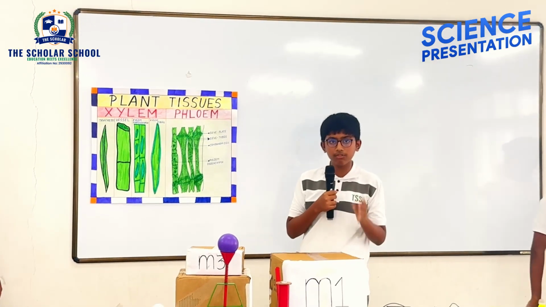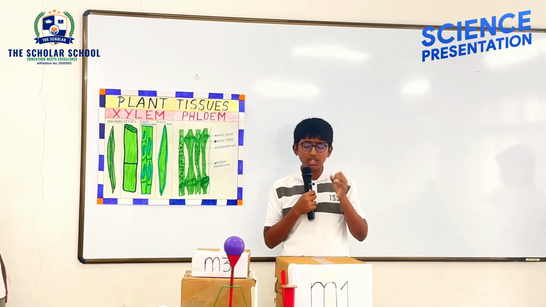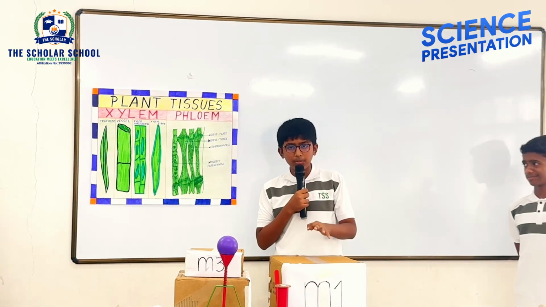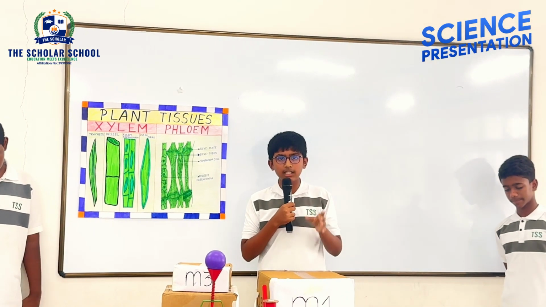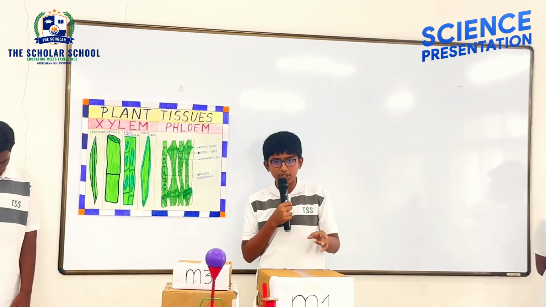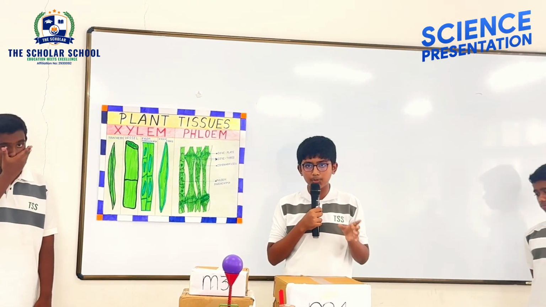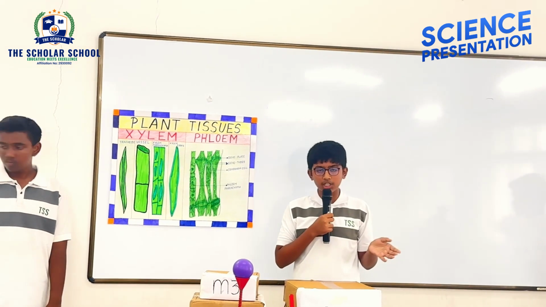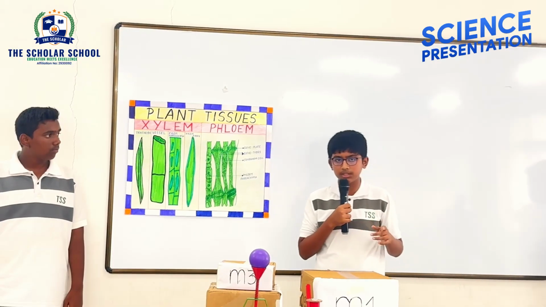And phloem also has four elements: sieve tubes, companion cells, phloem parenchyma, and phloem sclerenchyma. Sieve tubes are slender tube-like structures, and they do not have cytoplasm at maturity. And companion cells have dense cytoplasm and a prominent nucleus. Sieve tubes and companion cells are known as sister cells because they originate from a single cell.